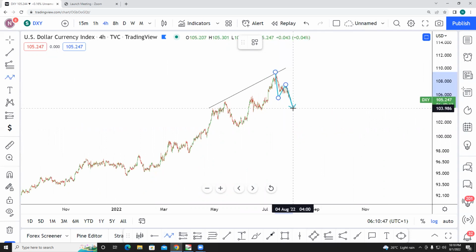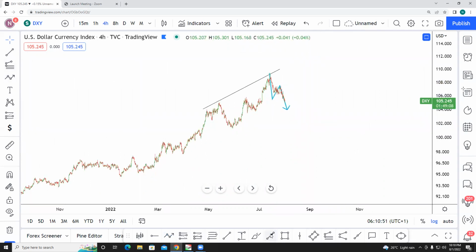We want it to come down here to complete. Maybe from this level it makes a move to the upside, or alternatively, it can decide to make another three-wave pullback here, and then drop.